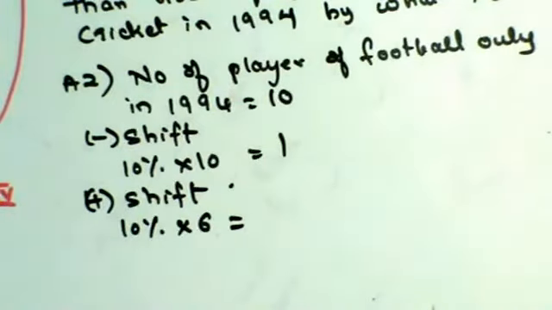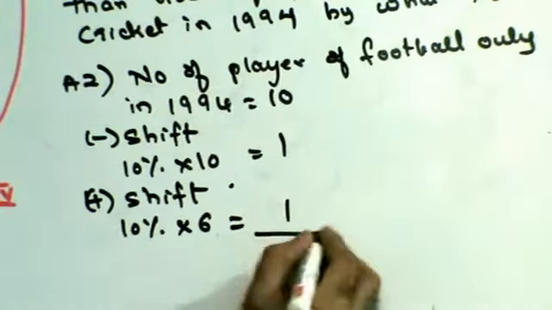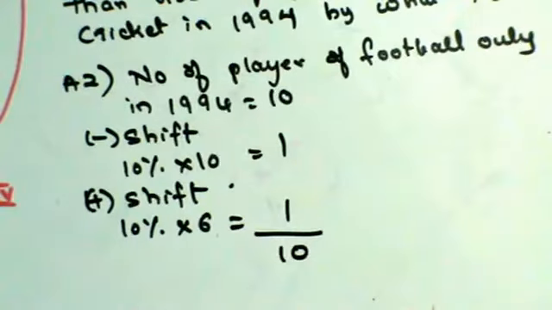Now 10% of 6 is going to be 0.6 because the number of players who play tennis only is 6. They have specifically told me that all fractions are to be reduced to the nearest natural number. Now 0.6, the nearest natural number is going to be 1. So 10 minus 1 plus 1 will give you 10.